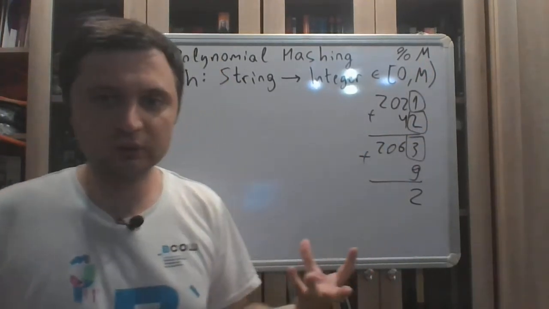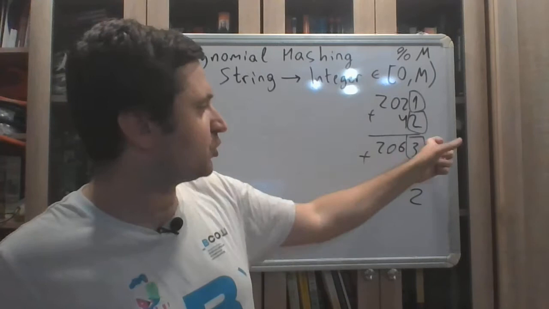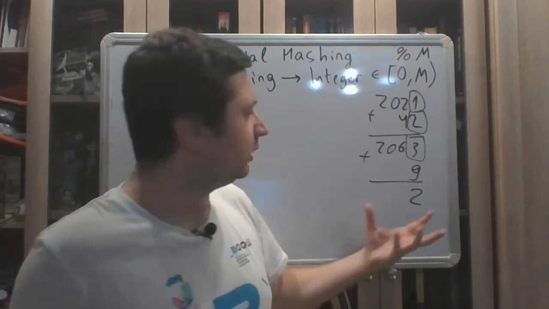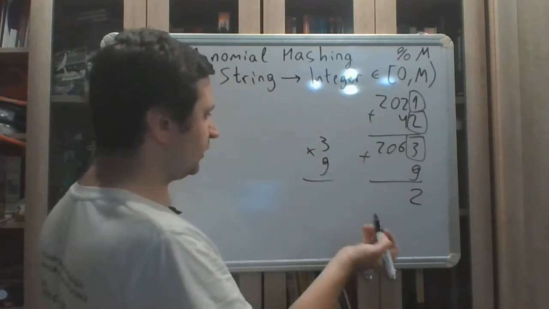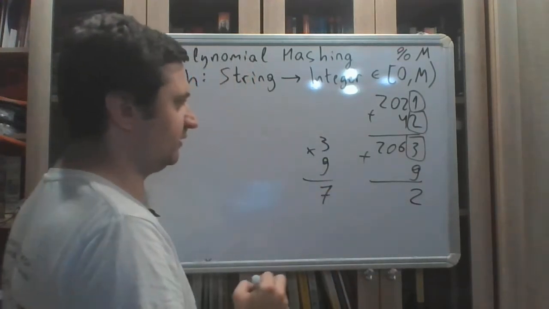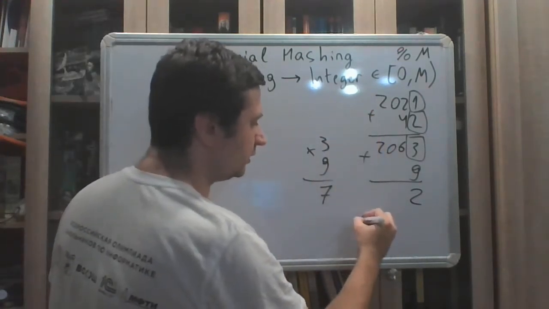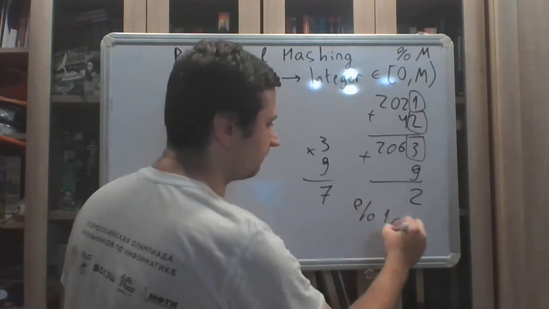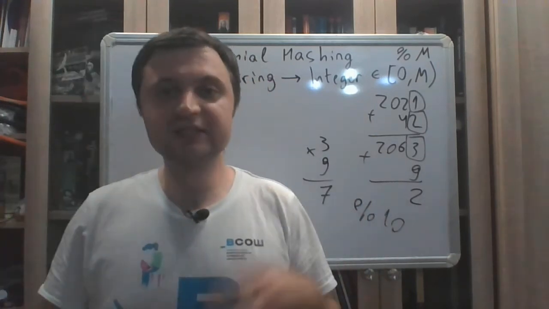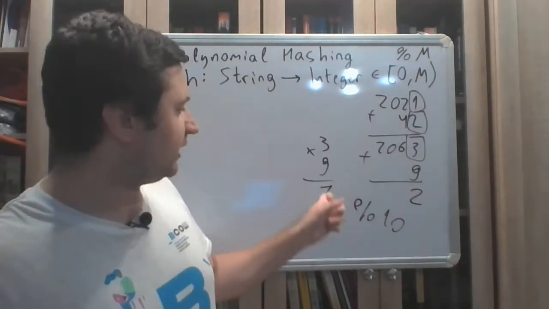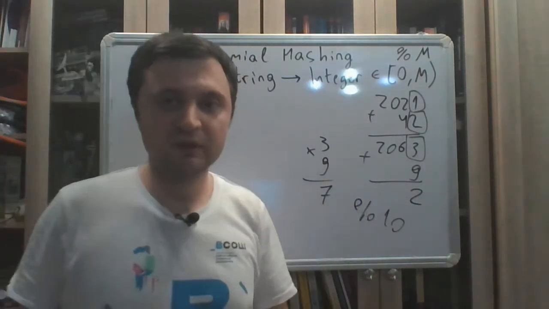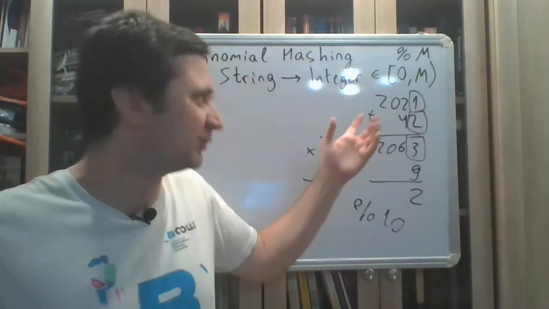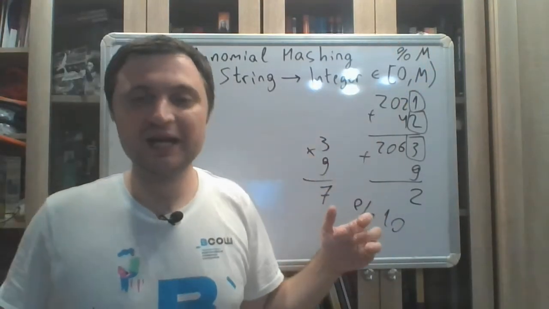So in this world, modulo 10, 3 plus 9 is simply a 2, and for example 3 times 9 is 27, so it's simply a 7 in the world modulo 10. So instead of numbers, we work with their last digits. It's the most simple example for usual people who start learning modular arithmetics, I think.